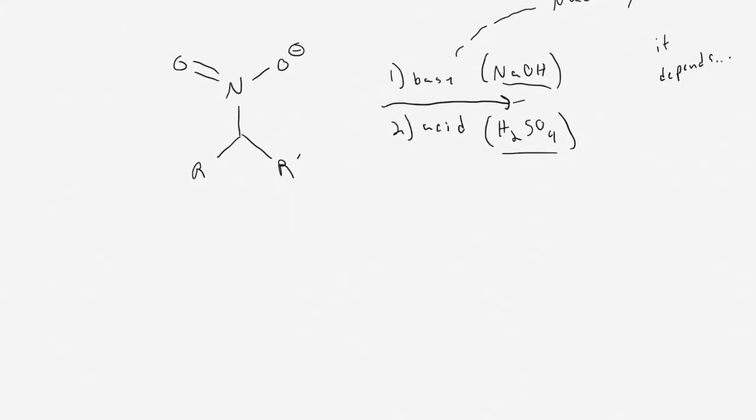But anywho, you mix these two reagents with the starting material, and what you'll get out is a ketone or an aldehyde, depending on what the R groups are, and nitrous oxide and water.